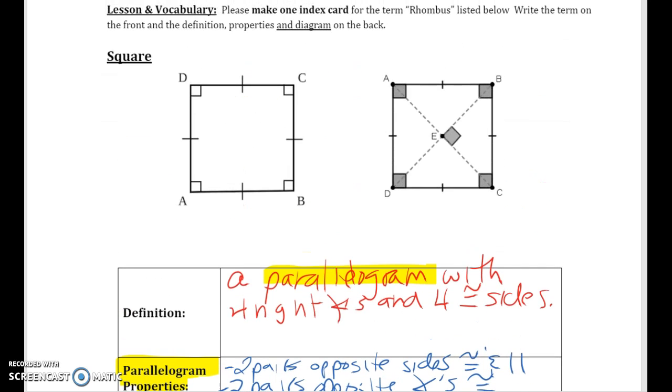So, because BD and AC are congruent and they bisect each other due to the properties of the parallelogram, we know that again the bisected segments are equal. We know that we have 4 right angles. Okay, and because those angles are right, when we bisect the angles due to the property of the diagonal from the parallelogram, we know that each of these is 45. 90 divided by 2 is 45.